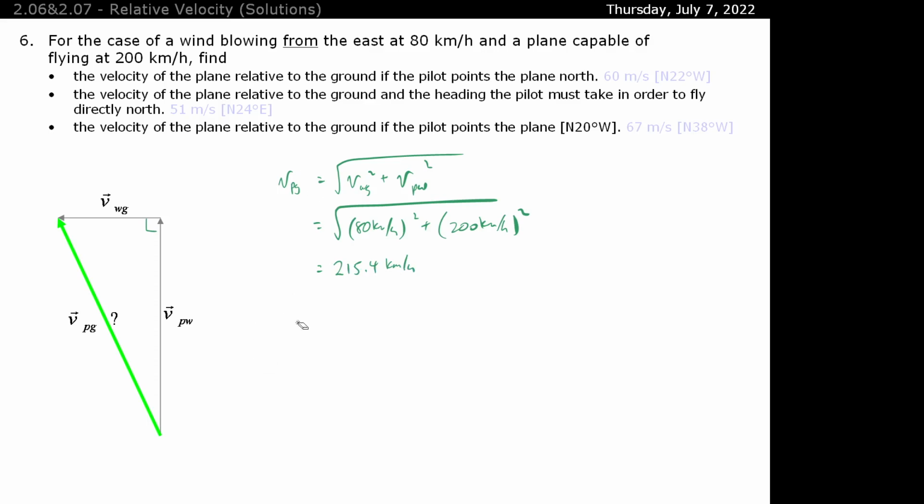That's all that Pythagorean theorem can ever tell you. If we need to make it a vector, we need to find out the angle down here. I would strongly advise you not to use VPG as the measurement that you use. After all, there's rounding error in it. So that's why we're going to use these two values to find our corresponding angle. That corresponds to the tan inverse of our opposite over our adjacent.